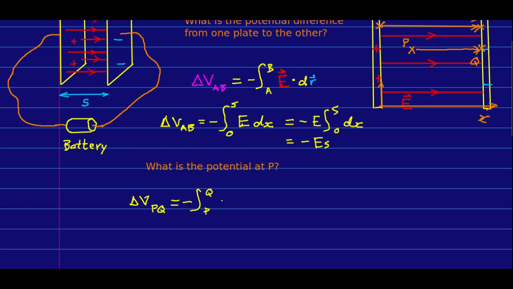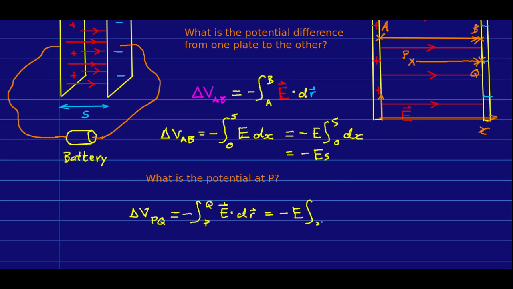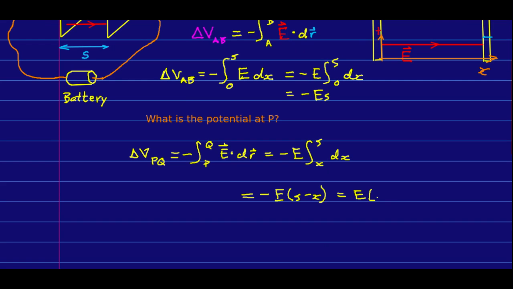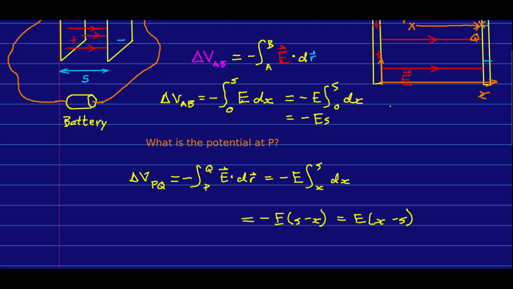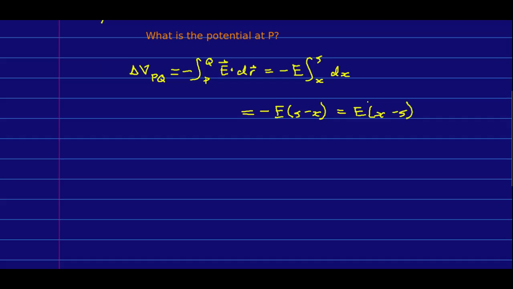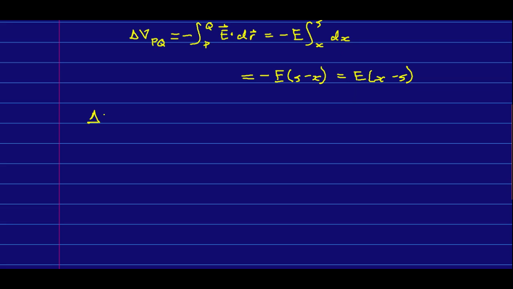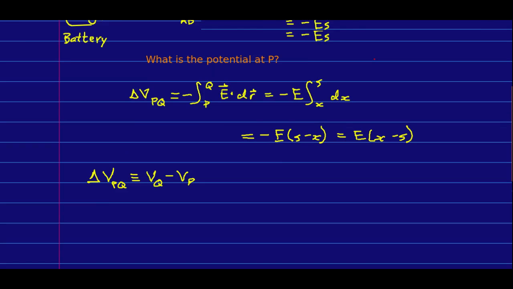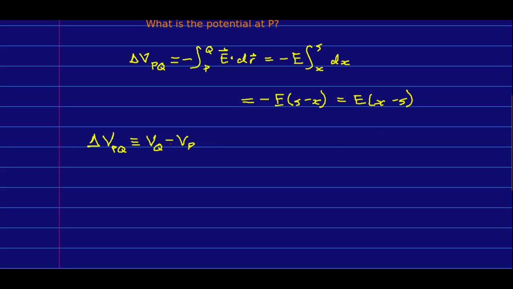I'll write P to Q, but again, E is parallel to dr, and so this is just going to come out just like it did before, but we're now going from the location of P, which I said is just some x, to S. And note that what we actually wanted was the potential at P. Well, the potential difference from P to Q by definition is just the potential at Q minus the potential at P, but I just defined the potential at Q to be 0.